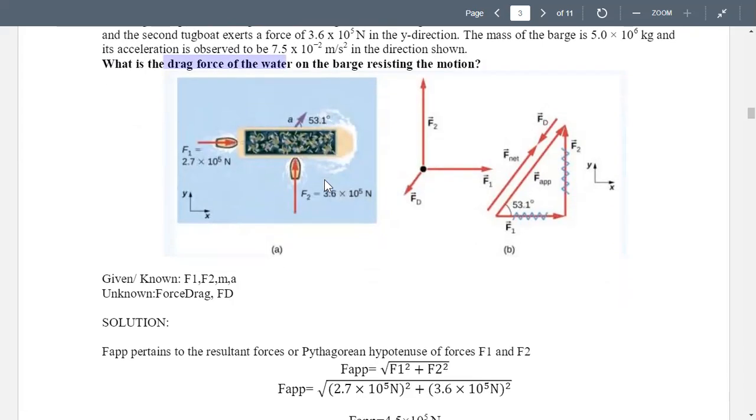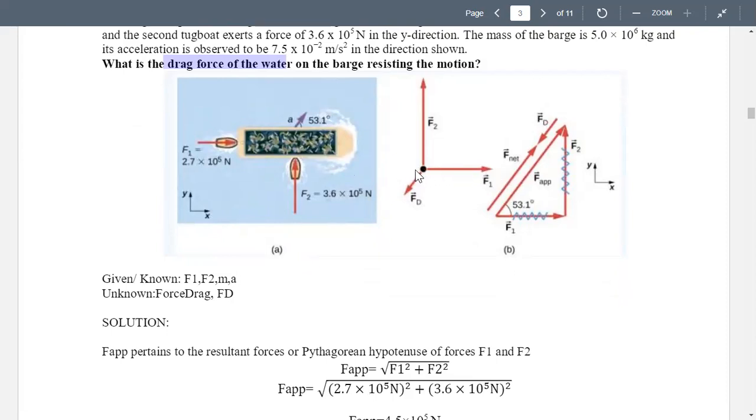After illustrating the problem, we are going to determine the free body diagram. As you can see here, FD is the drag force, and then we have force 1 and force 2 here.